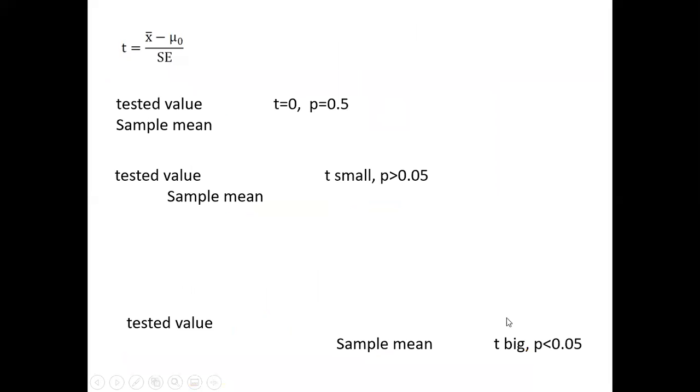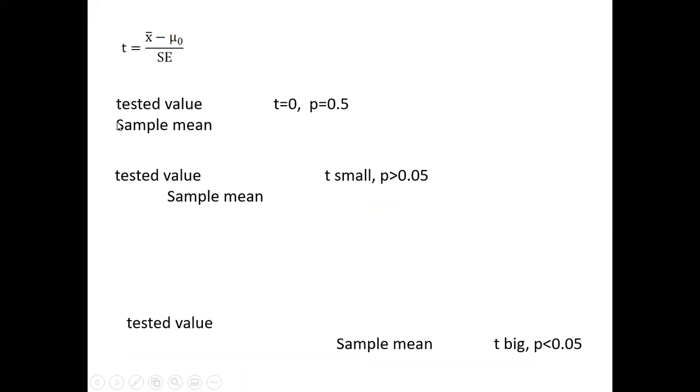So now, that's the formula. Just talk about the numerator only, up there only. Here, tested mean and sample mean are at the same place, equal. Therefore, t must be? 0. This minus that is 0. So P will be 0.5, half the curve. In this case, are the tested value and sample mean slightly different?